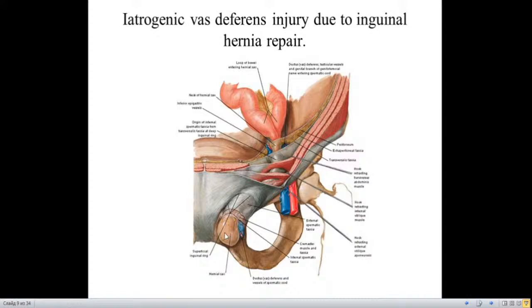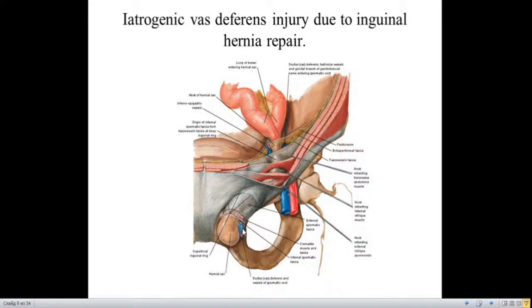So this case is a herniation, protrusion of intestine through the inguinal canal to the superficial inguinal ring. And of course, such a disease cannot be treated therapeutically, only surgically. So the surgeon must perform herniotomy, section of the hernial sac, and plastics of these structures.